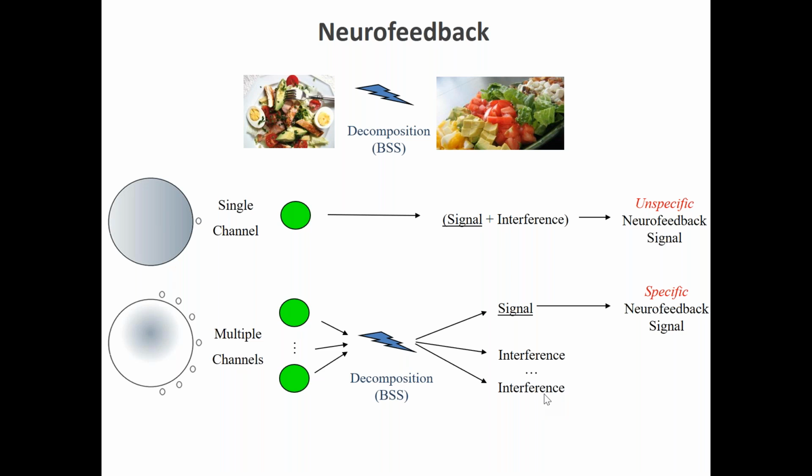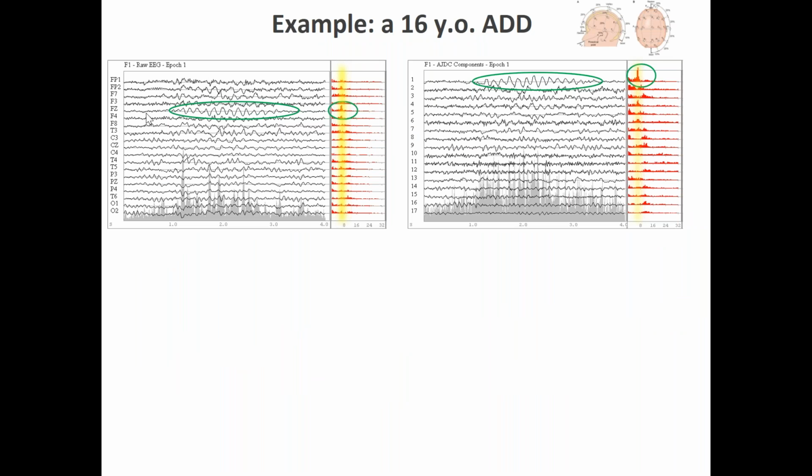Now I'm going to show you a demonstration of what you would get if you do such a thing for neurofeedback. Here we have some real data from a 16-year-old ADD boy. These are 4 seconds of data, the recording from the FZ electrode.